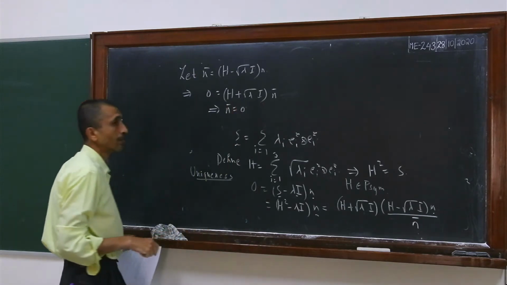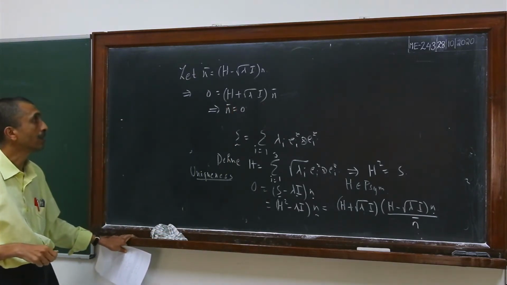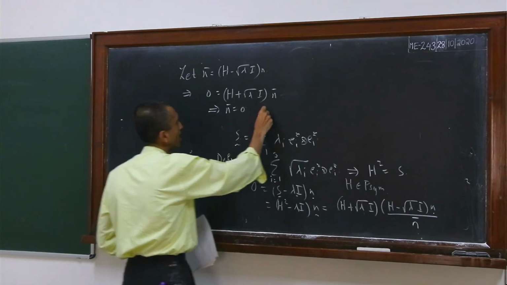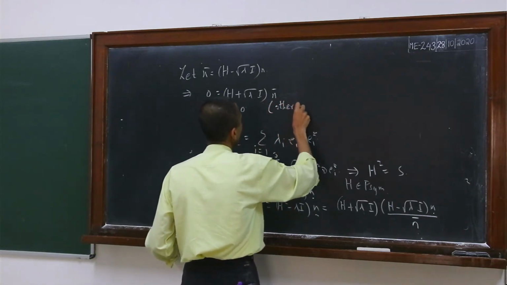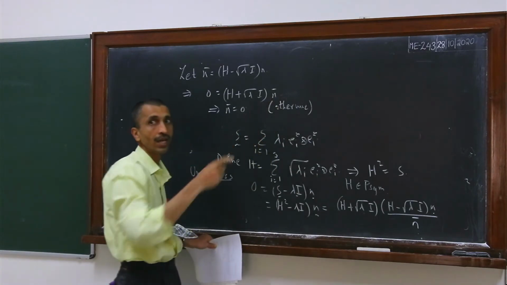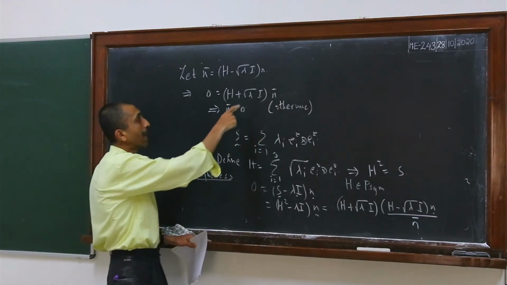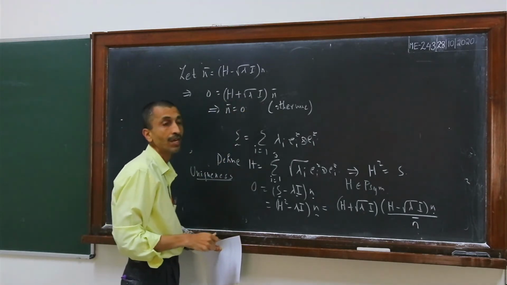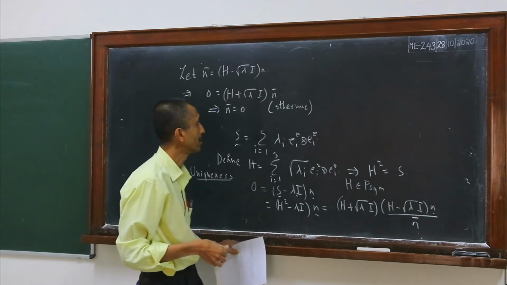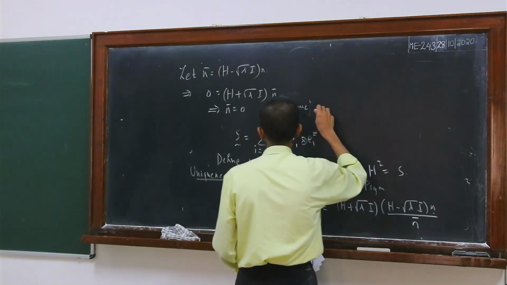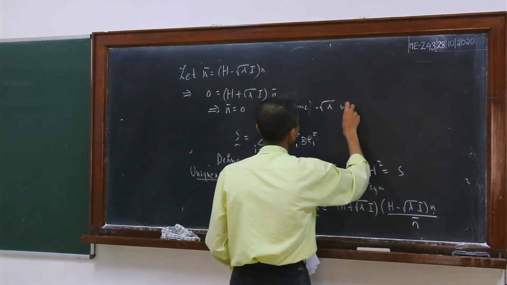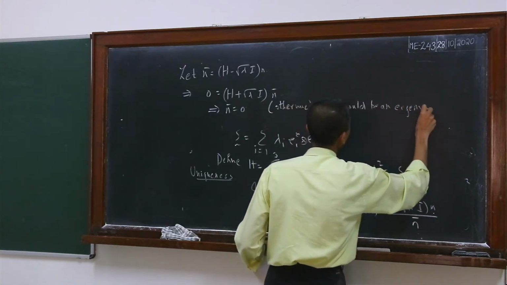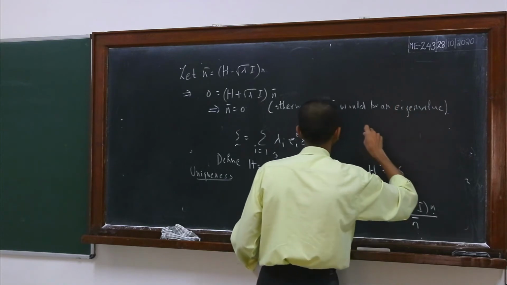Otherwise, suppose n bar is not equal to 0, then it is a non-trivial solution, and it becomes exactly like an eigenvalue problem with minus of root lambda as an eigenvalue of H. But that would violate the positive definiteness of H, and we are given that H is a positive definite symmetric tensor. So otherwise, minus of root lambda would be an eigenvalue, and this violates the positive definiteness.